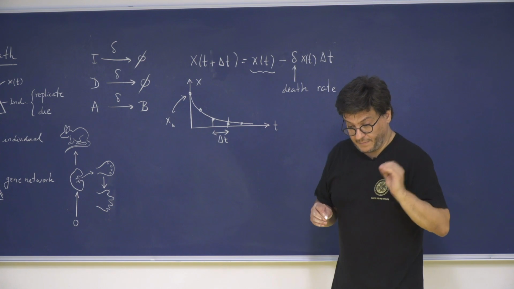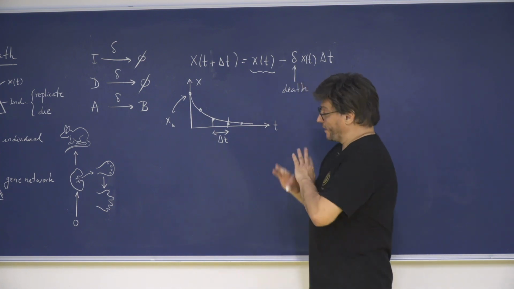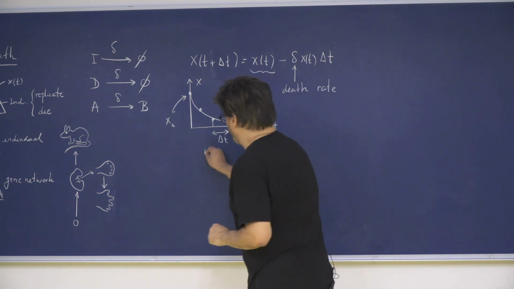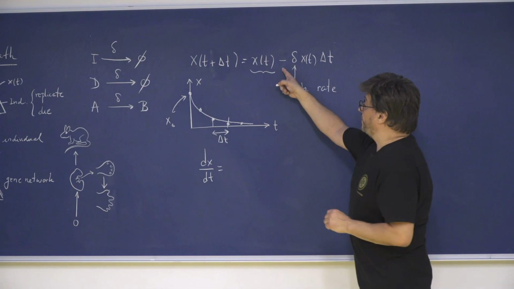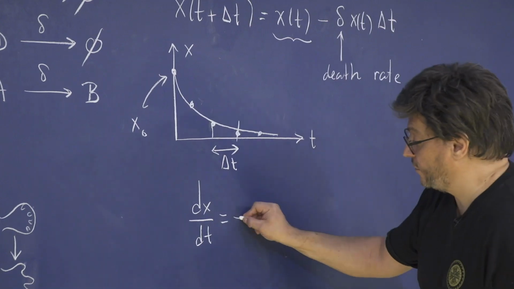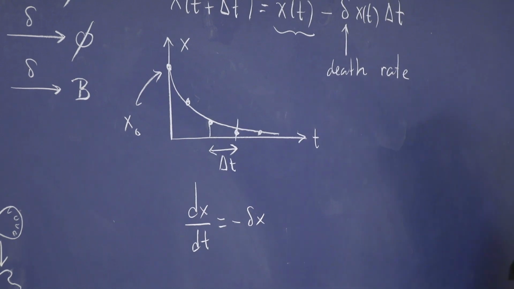Well, the process from here to the equation that defines the mathematical model for decay, for death, is exactly the same, except that I have a different sign, right? It's minus delta x. Okay?